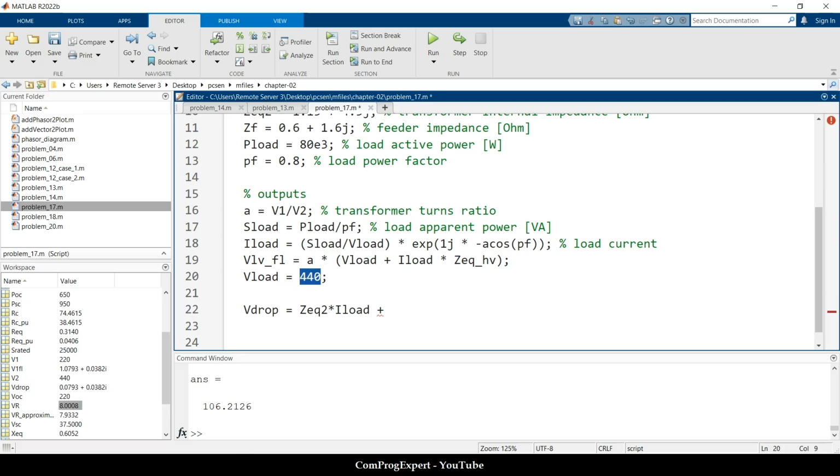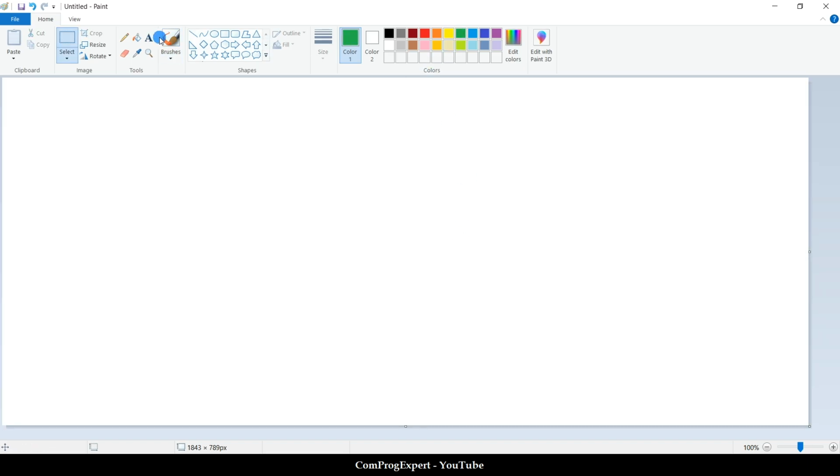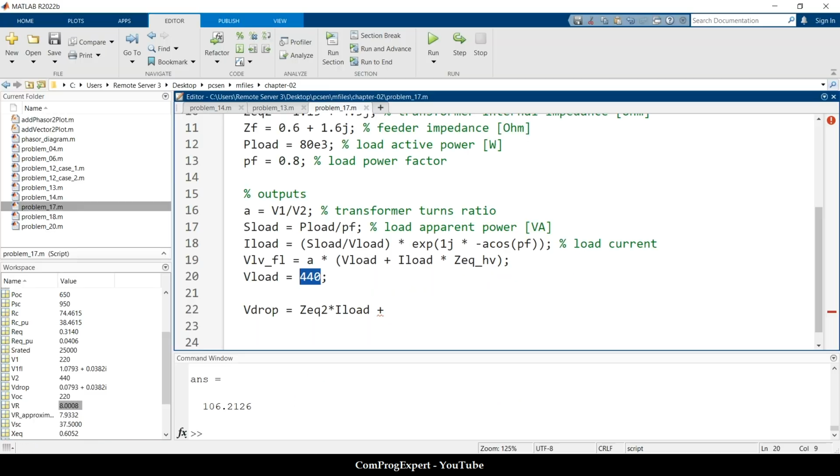The angle is 0. I considered this reference angle for the V load. This is VL, and this is the current IL, right? A lagging power factor of 0.8. The power factor is 0.8, this condition. So this is the value of the V load plus this voltage drop.